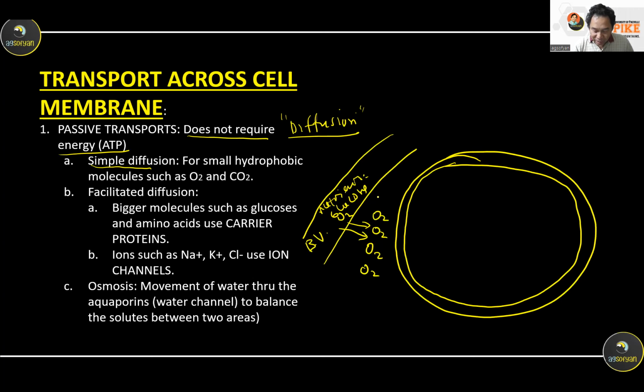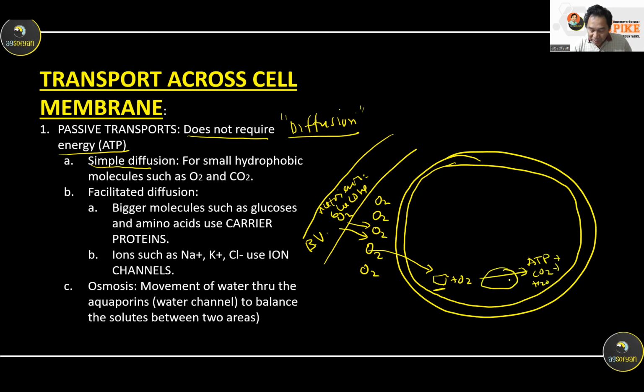So this is the higher concentration area, and oxygen will enter into the cell easily. This is what we call simple diffusion. Inside the cell, the oxygen will be used to convert the glucose into ATP, plus carbon dioxide, plus water.